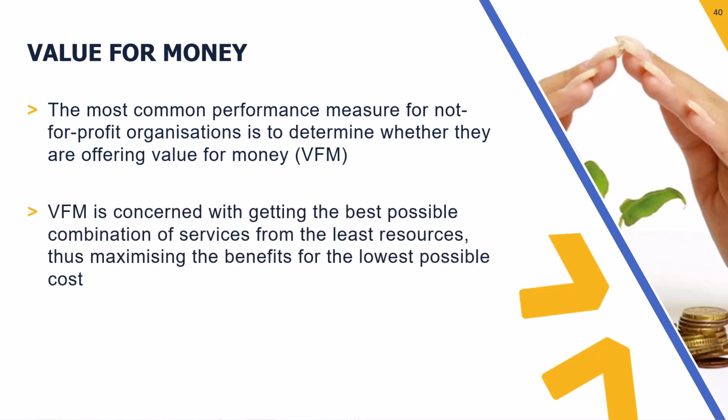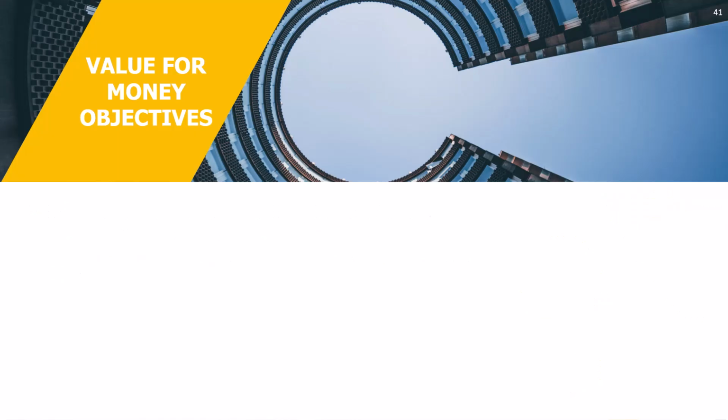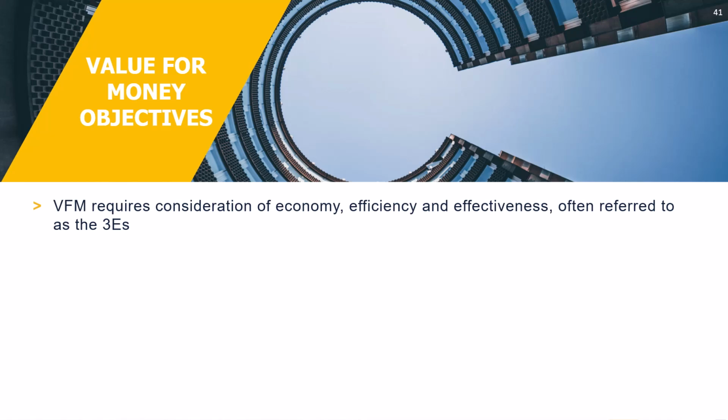Value for money is concerned with getting the best possible combination of services from the least possible amount of resources, thus maximising the benefits for the lowest possible cost. Value for money objectives, we often refer to as the 3 E's. So we have to consider economy, efficiency, and effectiveness.